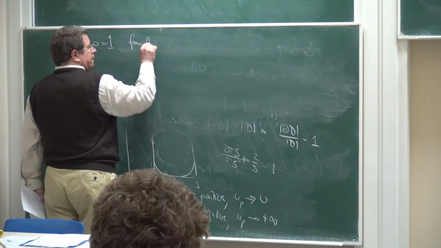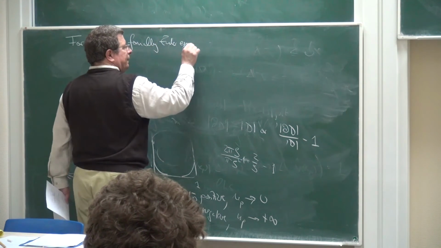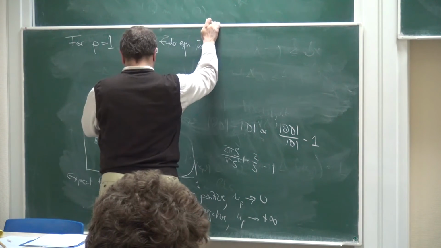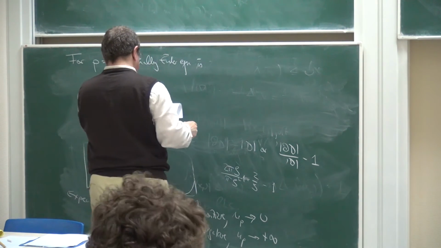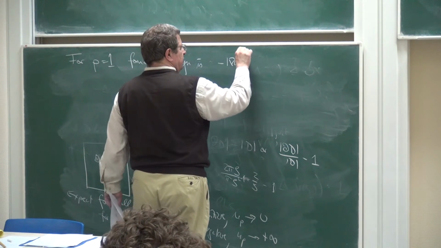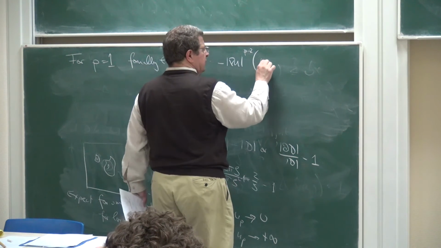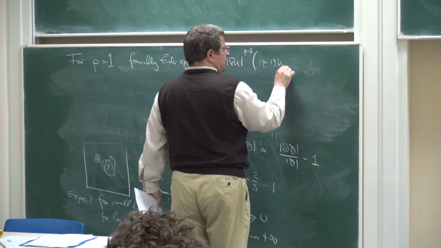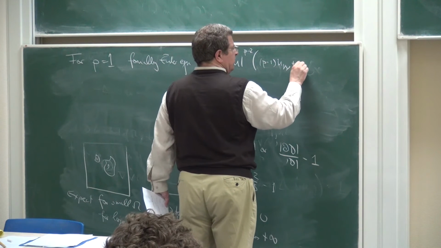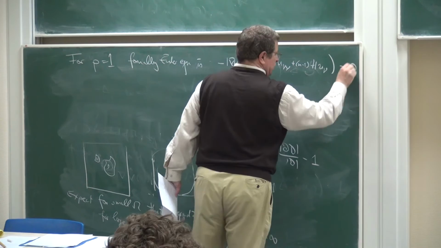Formally, the Euler equation is minus the gradient of u to the power p minus 2 times (p minus 1 times the second normal derivative plus n minus 1 times h times the first normal derivative) equal to 0.